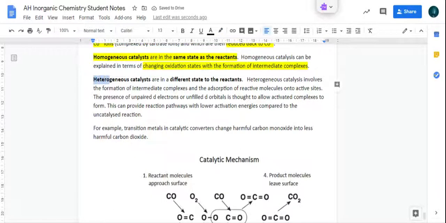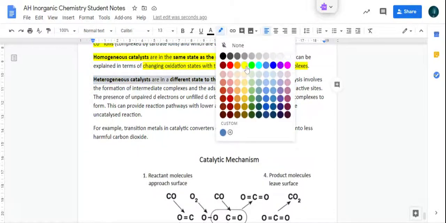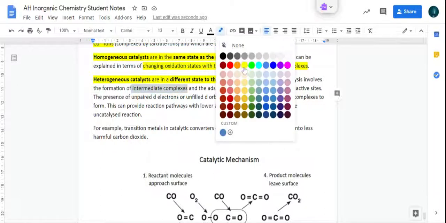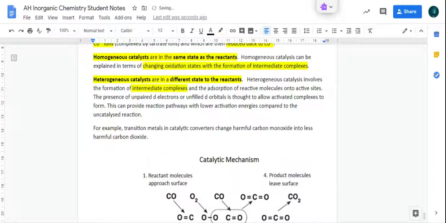Heterogeneous catalysts are in a different state to the reactants. So for example, this would be like your iron in your Haber process. It's in a different state to the nitrogen and the hydrogen. In heterogeneous catalysis, you get intermediate complexes formed, but you also get adsorption. Not absorption where it goes into something, but adsorption where it sticks to the surface.